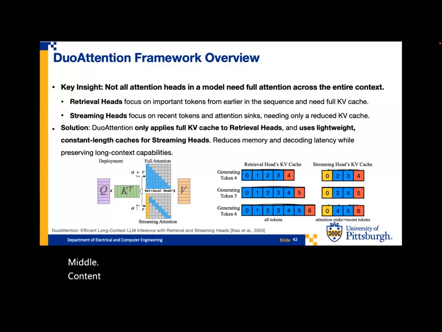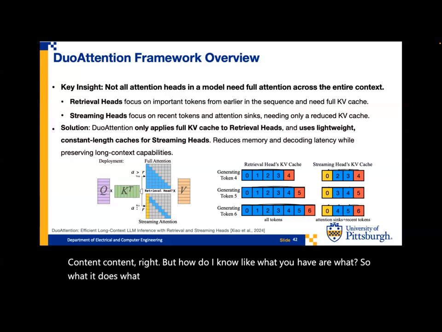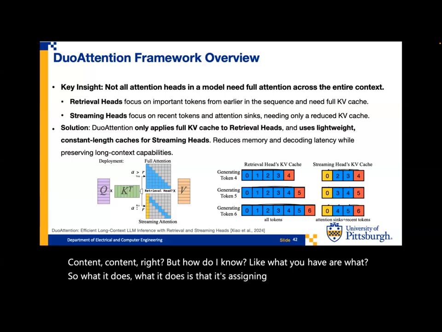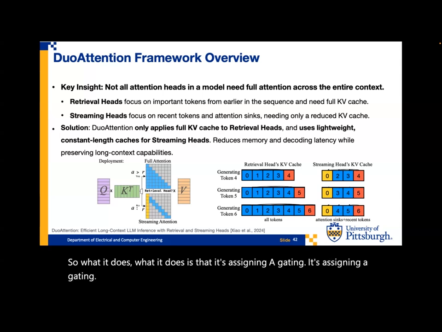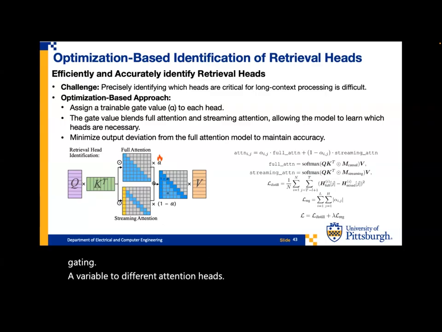But how do I know which heads are which? What it does is assign a gating variable to different attention heads. I think this is the illustration over here. So it's assigning a trainable gate value alpha to each head.